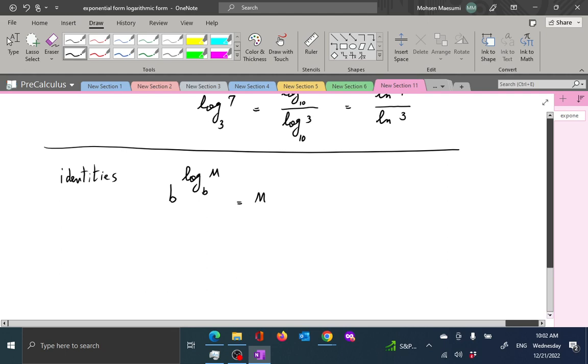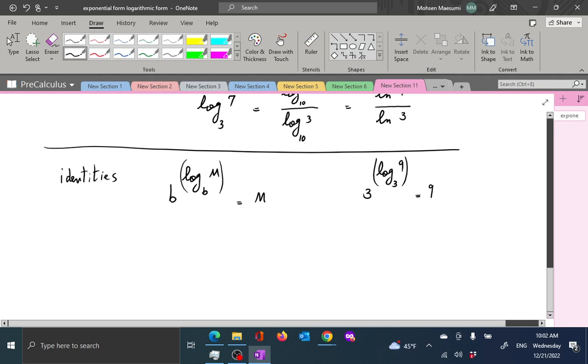We have one exponentiation and we have a logarithm. These two cancel each other and you go back to the number you had started with. For example, 3 to the power of the logarithm of 9 in base 3. Well, the logarithm of 9 in base 3 is 2, because 3 squared is 9. And here you are being asked what is 3 to that 2. Of course it's going to be 9 again.